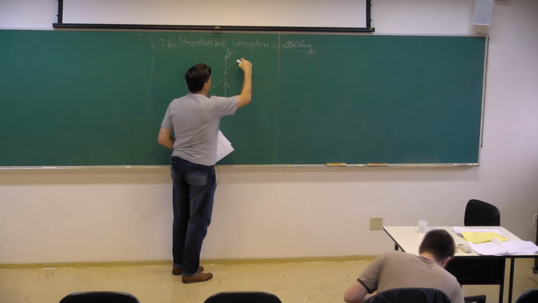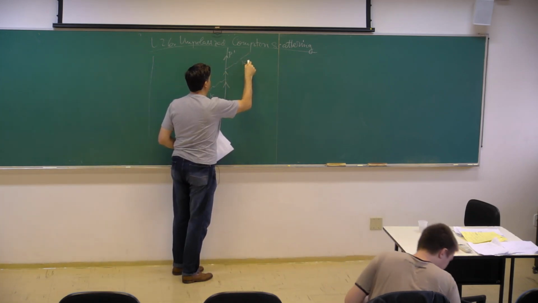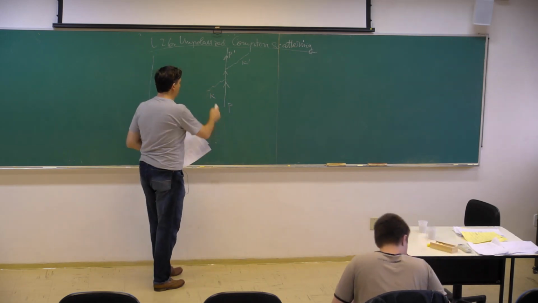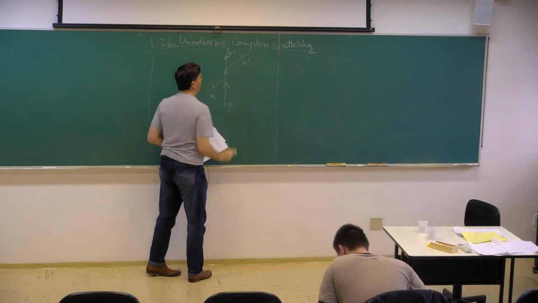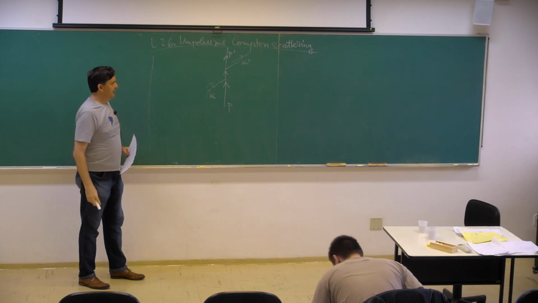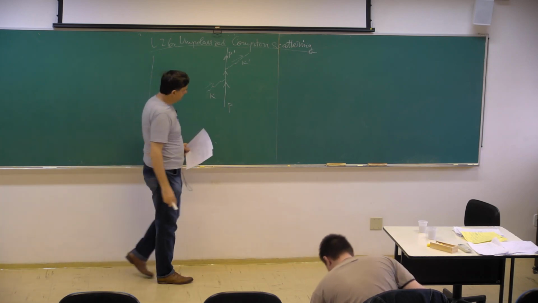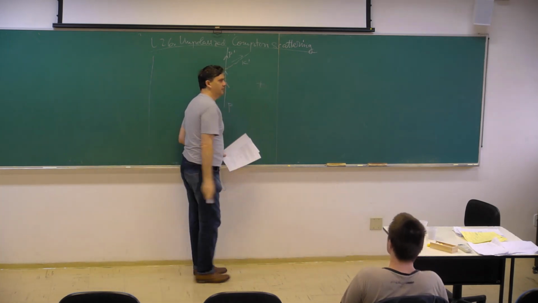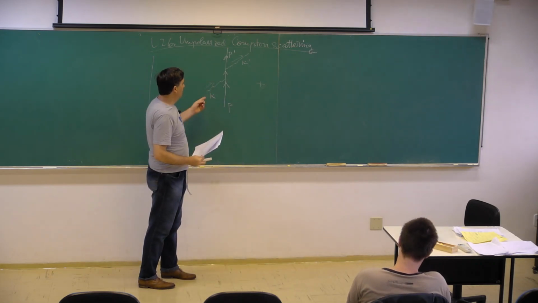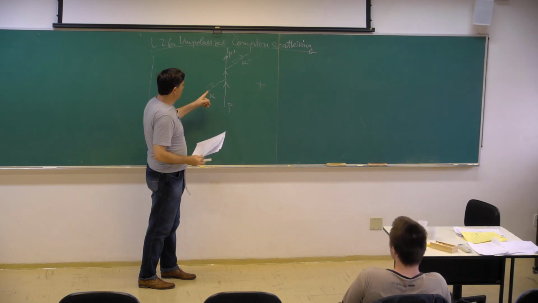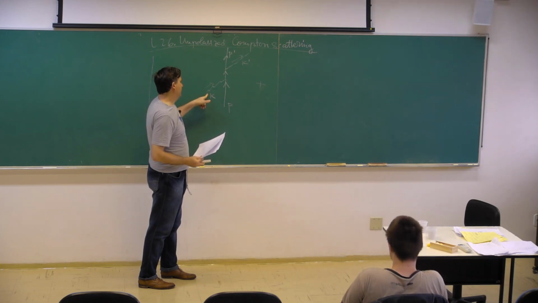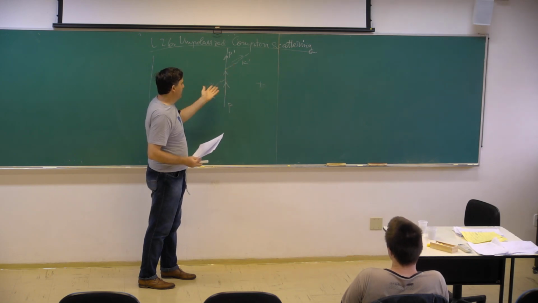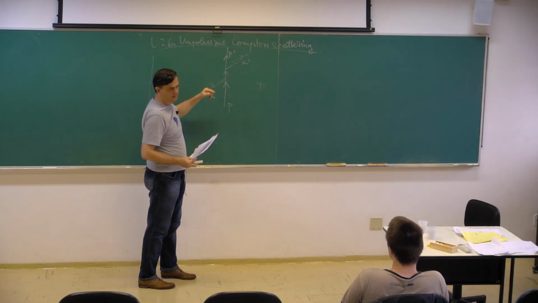So this would be the natural diagram that we could think of. But then, of course, this is quantum mechanics, that's relativistic and quantum. So the process where the photon is first absorbed and then re-emitted is on the same footing as the process where it's first emitted and then absorbed.